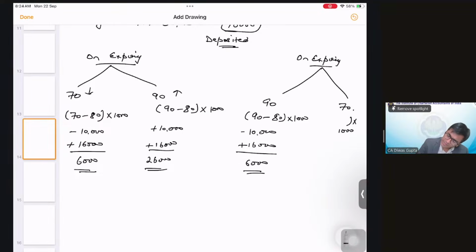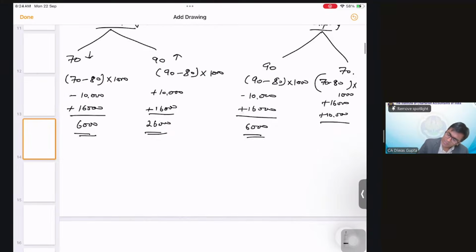Okay, whichever way we can write, 70 minus 80 into this. So plus 16,000 plus 10,000. In totality, we will have 26,000 as the total gain amount. Clear?